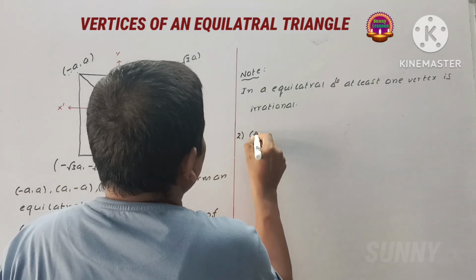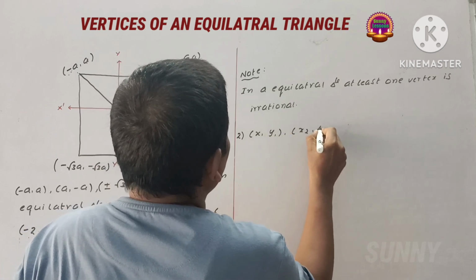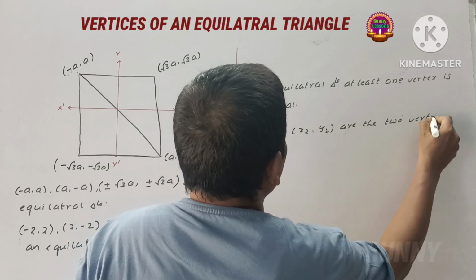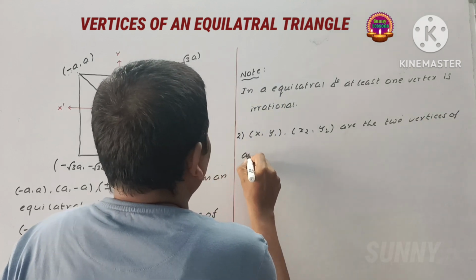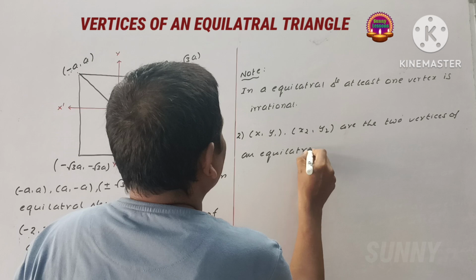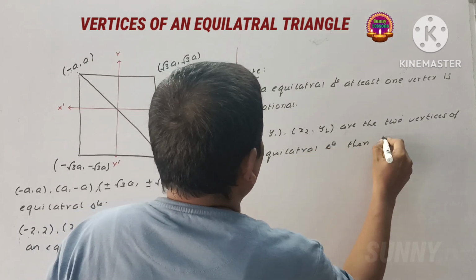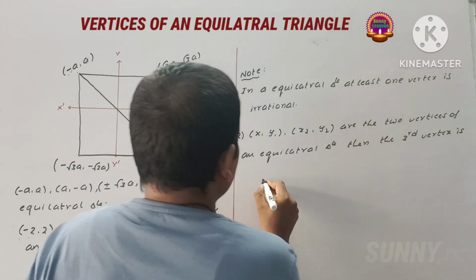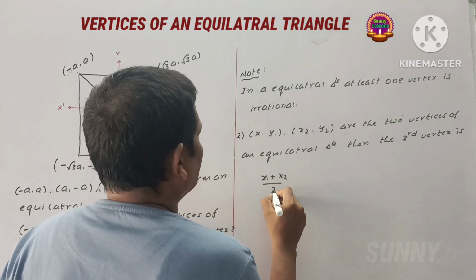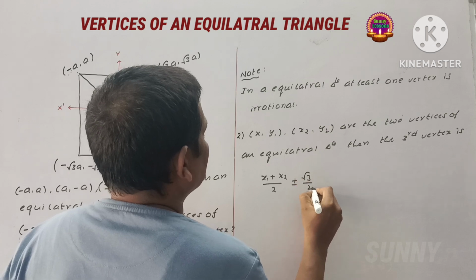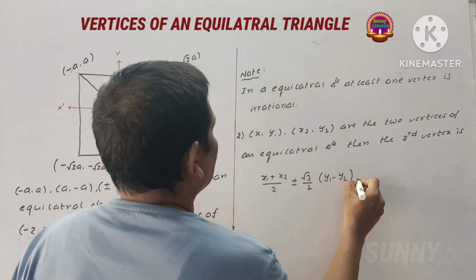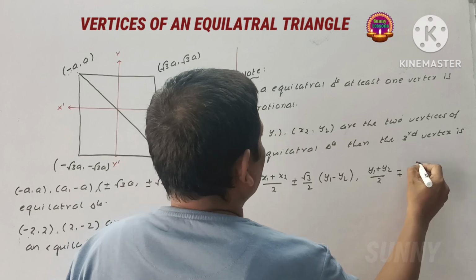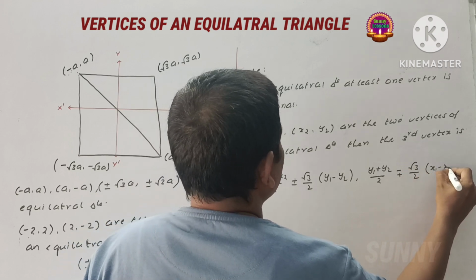The second point is: if (x1, y1) and (x2, y2) are two vertices of an equilateral triangle, then the third vertex is ((x1 + x2)/2 plus or minus (root 3/2)(y1 - y2), (y1 + y2)/2 minus or plus (root 3/2)(x1 - x2)).